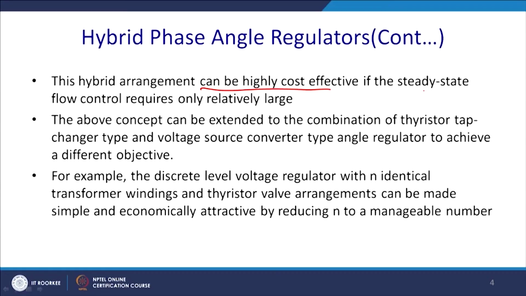If the steady state power flow control requires only reactively large power, so you require only to inject the quadrature power, then the transformer itself will be sufficient to do that.